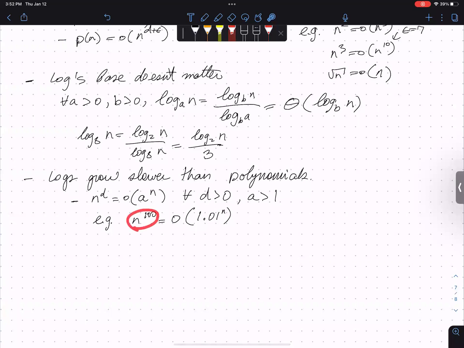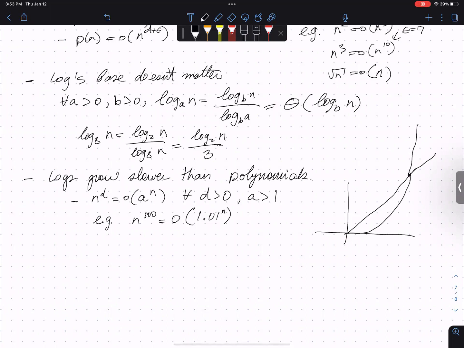Now, when something like this happens, you might intuitively think, well, you plug in a few numbers and n to the 100 seems like it's going to be a lot bigger than this guy. That's only up to a certain point. Because it's an exponential function, there's a point at which it overtakes the polynomial function. That point may be very far in the future. So n to the 100 may go up like this, and the exponential may only overtake it at some point.